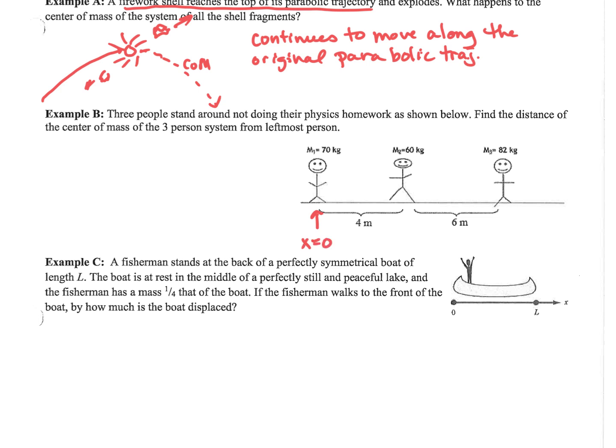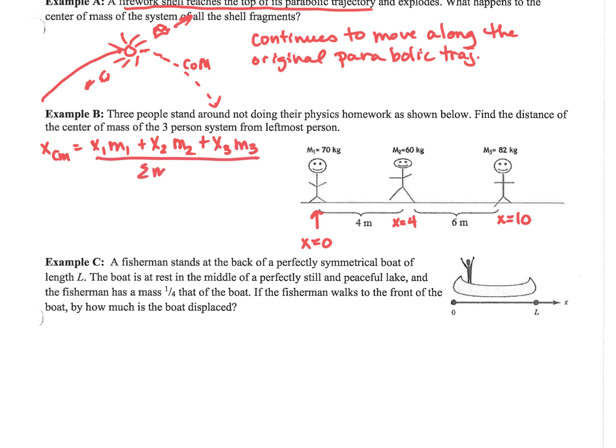Now this guy's location is x is 4, and this guy's location is x is 10. All right, so now let's find their x center of mass. The x center of mass is going to be the location of the first guy times the mass of the first guy, plus the location of the second guy times the mass of the second guy, plus the location of the third guy times the mass of the third guy, divided by the sum of the masses.